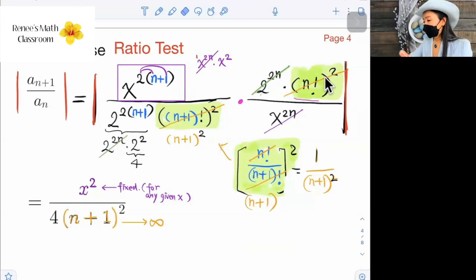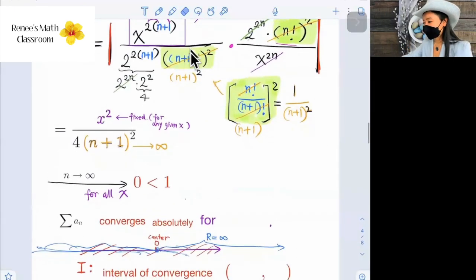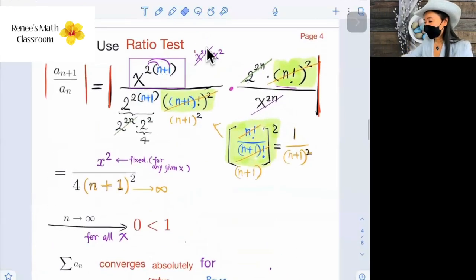Okay. And then this factorial over this factorial is 1 over n plus 1. And then we have a square over here. Okay. So what I did over here is I simplify this and do the canceling. I come up with this x squared over 4 times (n plus 1) squared. Okay, because x squared is positive, we don't need the absolute value there.